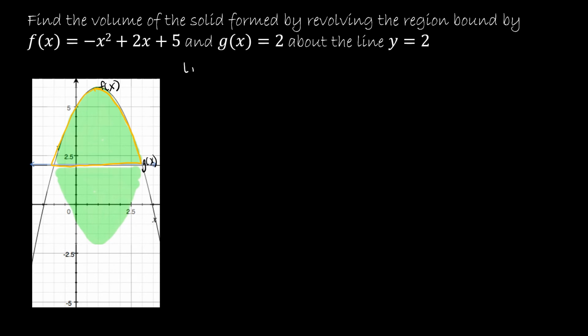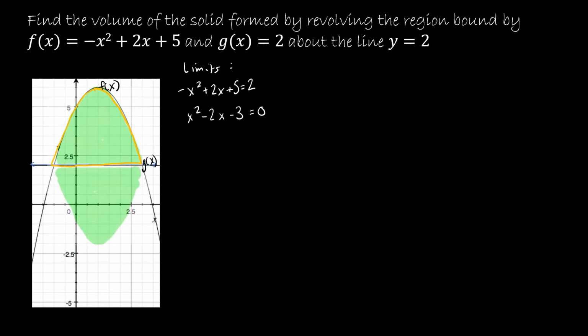So we've got to find the limits, which means I'm going to set negative x squared plus 2x plus 5 equal to 2 and solve. So I have negative x squared plus 2x. I'm going to actually change the signs there because I like that first one to be positive. So positive x squared minus 2x, and then I would end up with plus 3, so I'm going to write it as minus 3 equals 0.